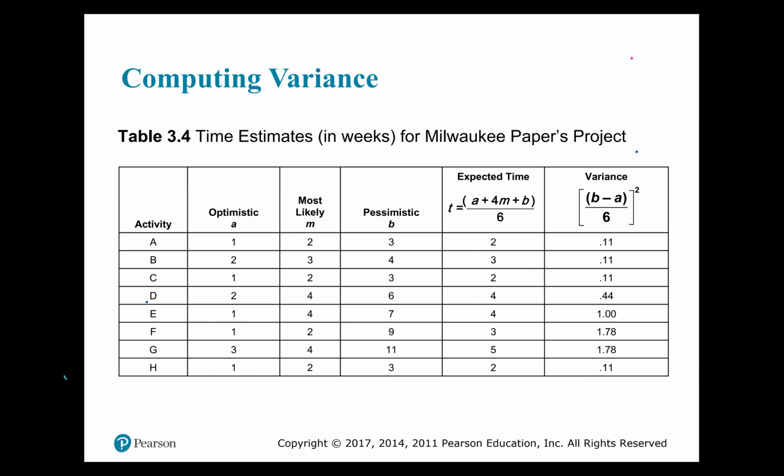It means we're not dead sure either that the project can be completed in 15 weeks. So a smart project manager will give himself room by figuring out the probability that the project can be completed within a certain time frame.